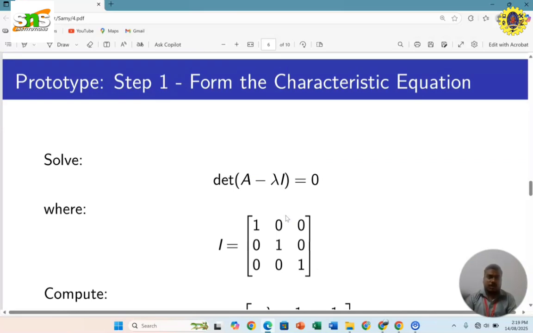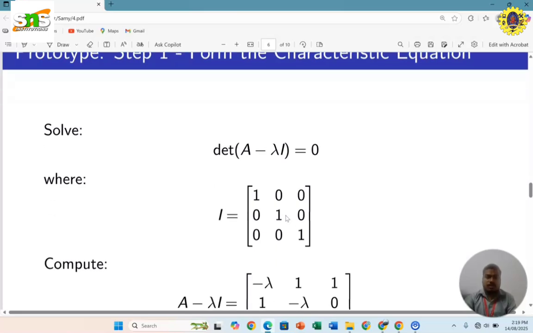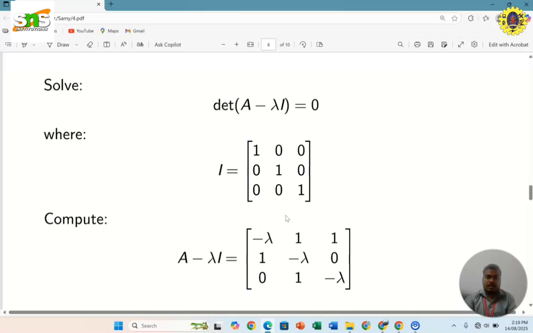Next one is prototype. Step 1, form the characteristic equation. Solve the characteristic equation, determinant of A minus lambda I equal to 0, where I is the identity matrix 1 0 0, 0 1 0, 0 0 1.